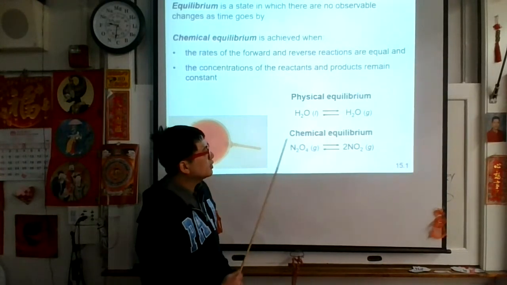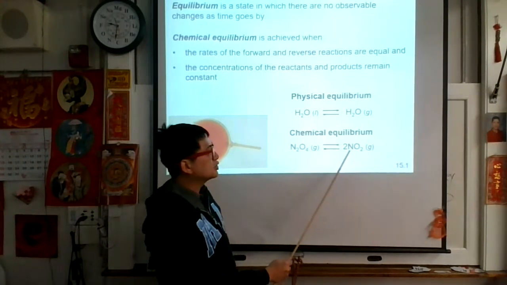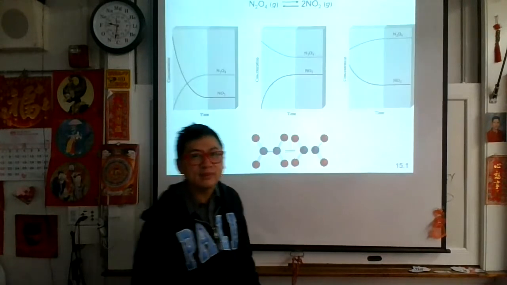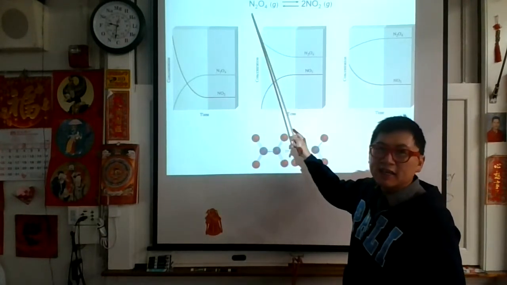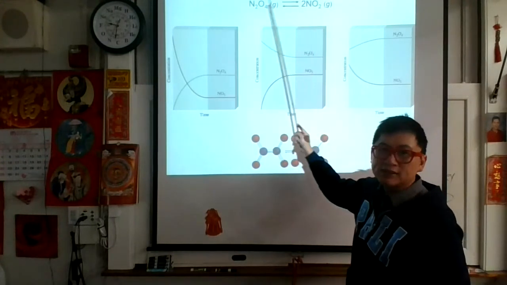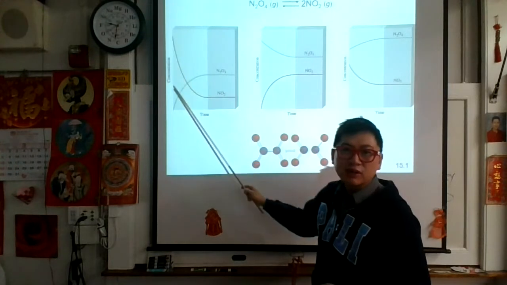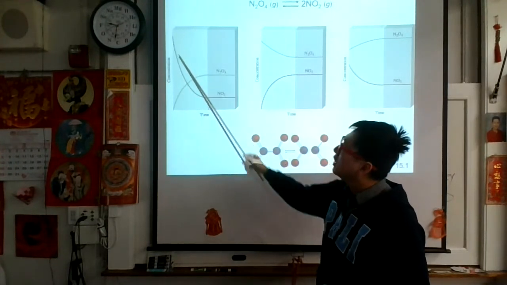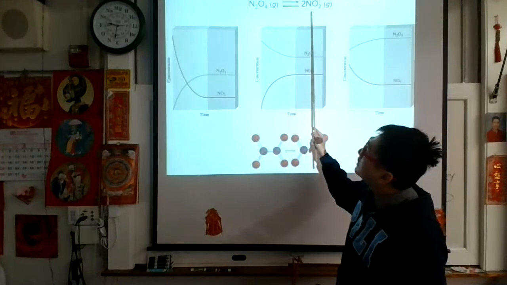But right now I'm going to focus on this reaction. Let's say A turns into 2B, and these 2B turn into 1A. So that's that reaction right here. If I have a container with a concentration where it's just all nitrogen dioxide only, what happens to this nitrogen dioxide?